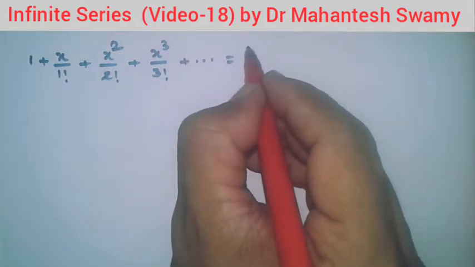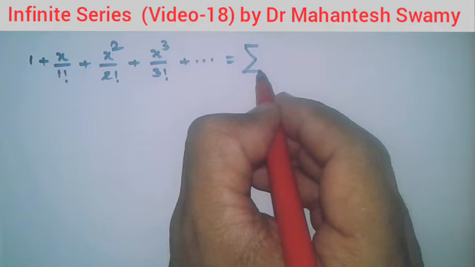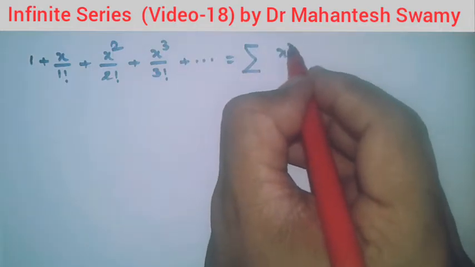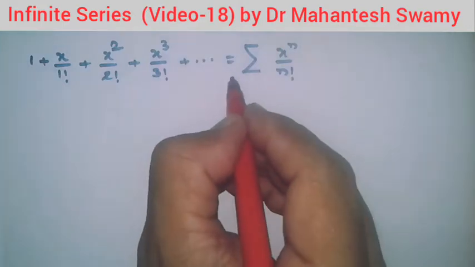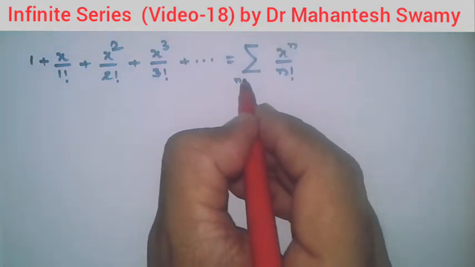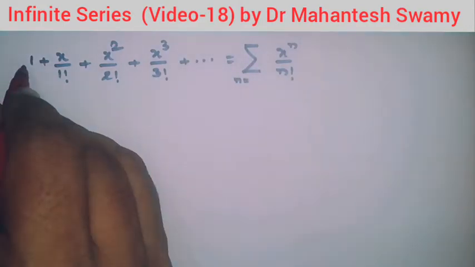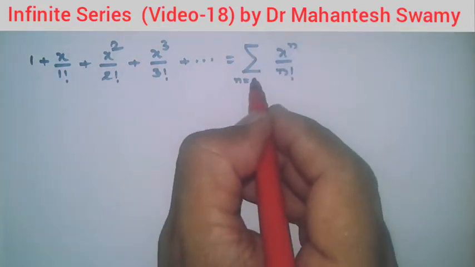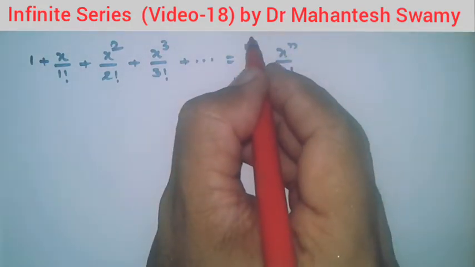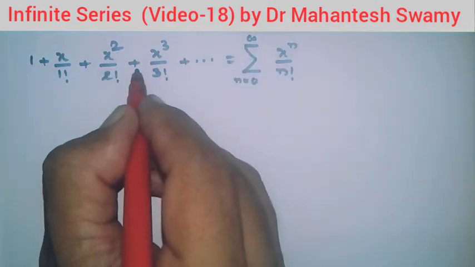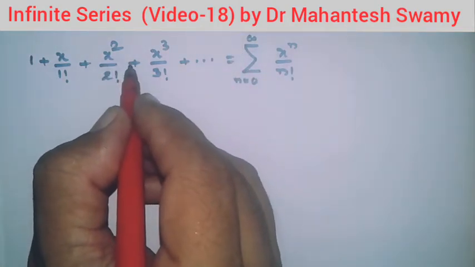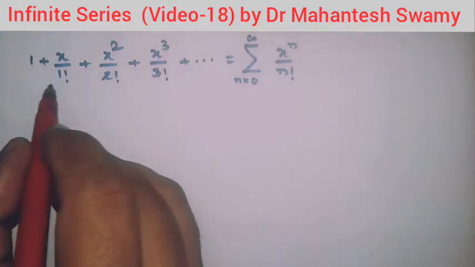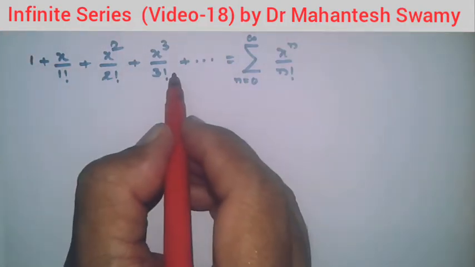In general, we can write in symbolic form as summation x to the power n divided by n factorial, where n runs from 0 to infinity, since the first term is x to the power 0. So it is an infinite series, and an infinite series of this form is called an exponential series.